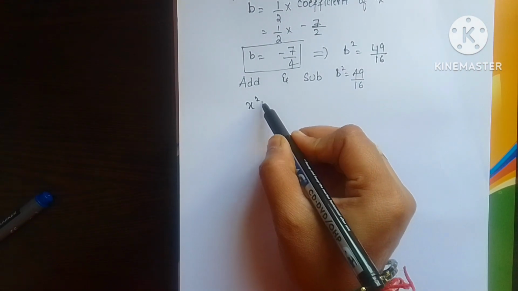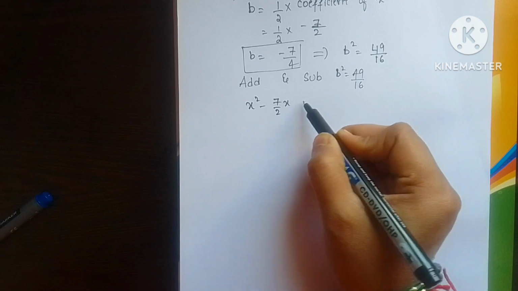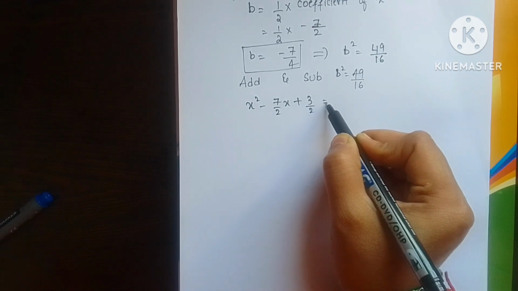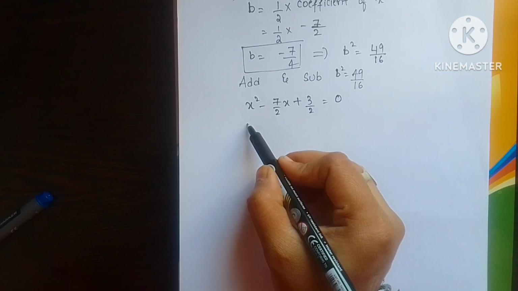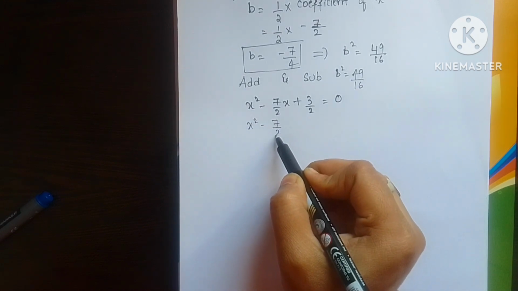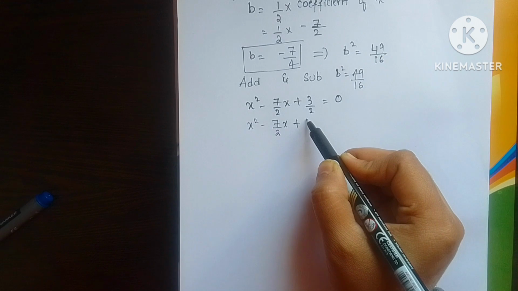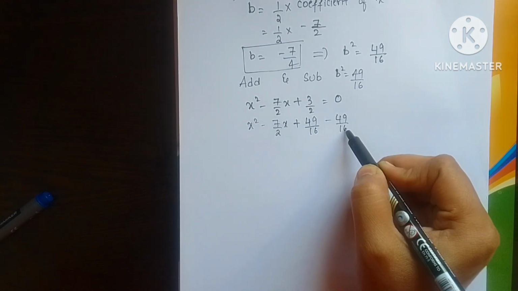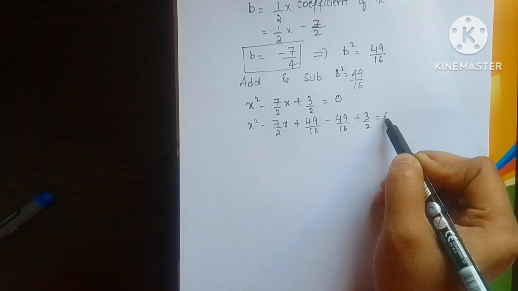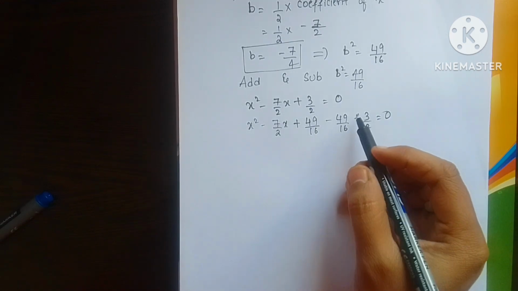So x square minus 7 by 2 x plus 3 by 2 is equals to 0. This is an equation newly formed. So we have to add and subtract: x square minus 7 by 2 x plus 49 by 16 minus 49 by 16 plus 3 by 2 equals to 0. Here we are adding and subtracting.